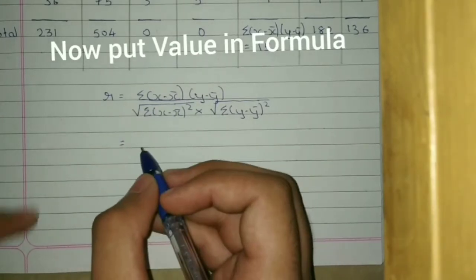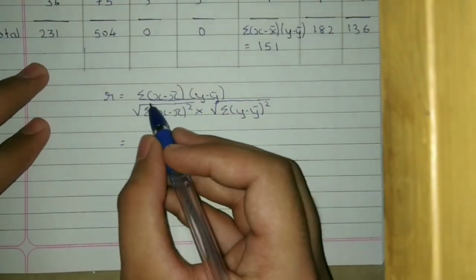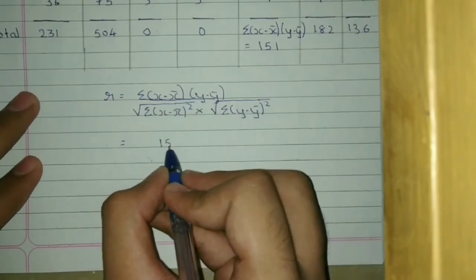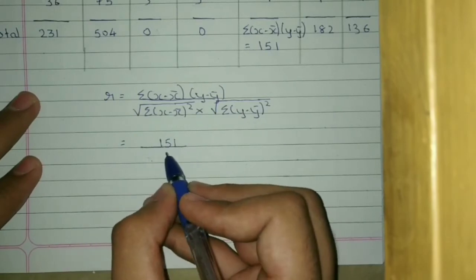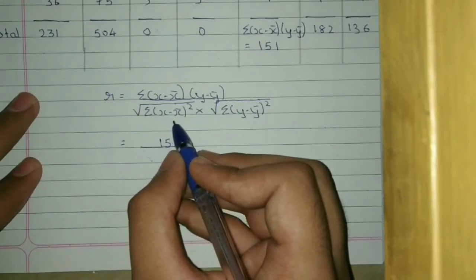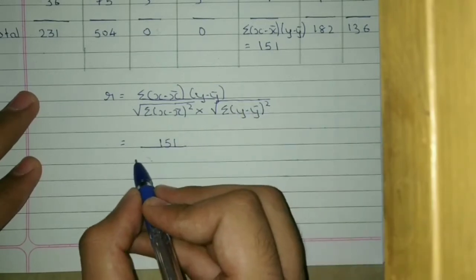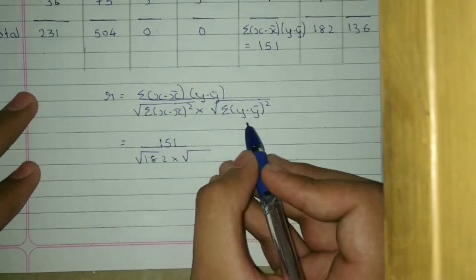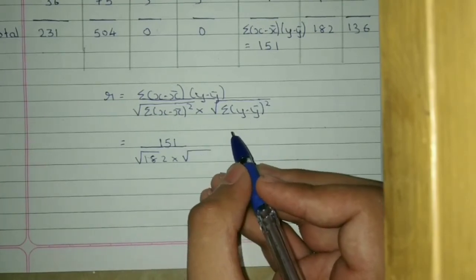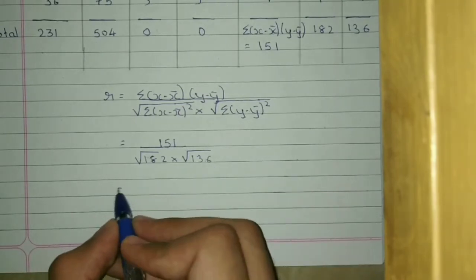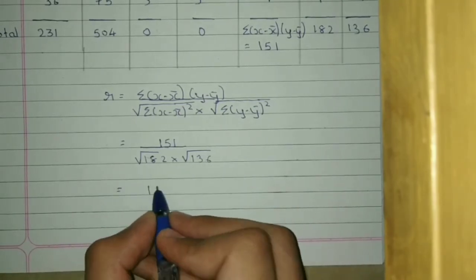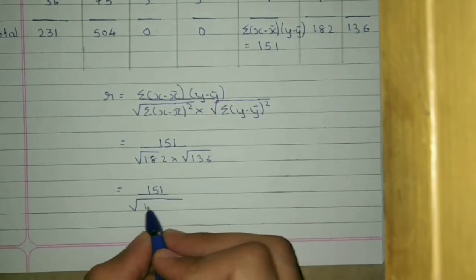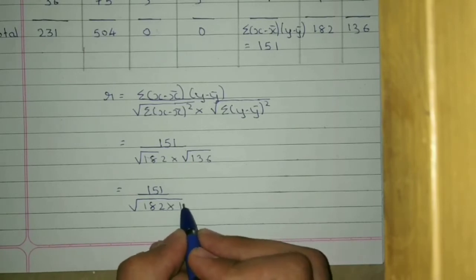Put the values: sigma (x minus x bar) into (y minus y bar) is 151, upon under root 182 into 136.